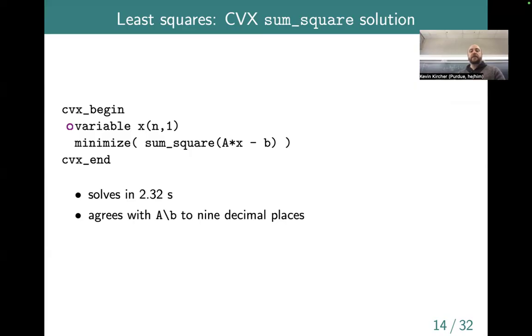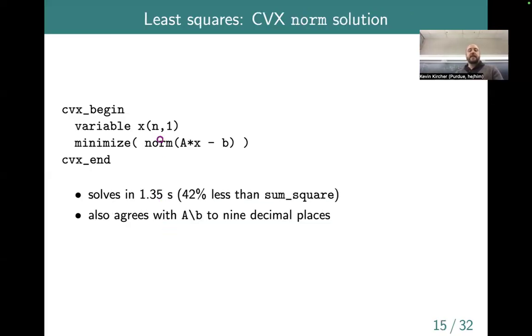Here we declare the variable, and then we say we have the sum of squares of Ax minus b. So take all the elements of Ax, subtract all the elements of b, add up the squares of all those differences, and we get the objective function. We had 0.01 seconds for the MATLAB backslash operator and about 2 seconds for CVX. This includes a little bit of overhead from loading the functions that CVX uses and things like that. But we get the correct answer to basically machine precision.